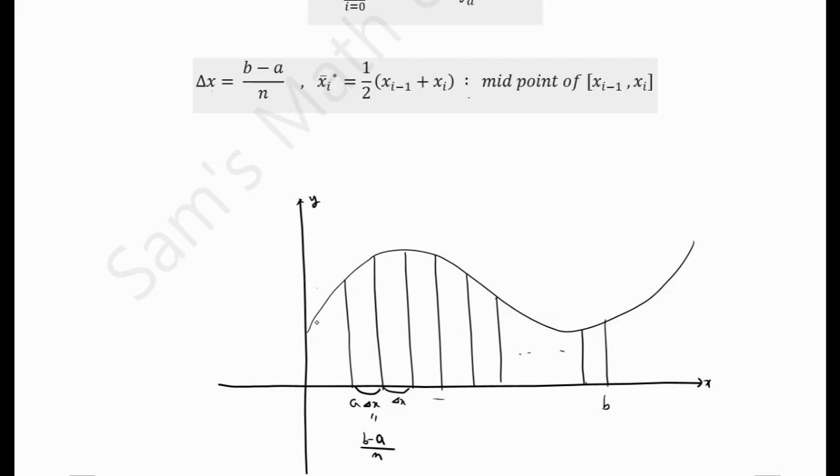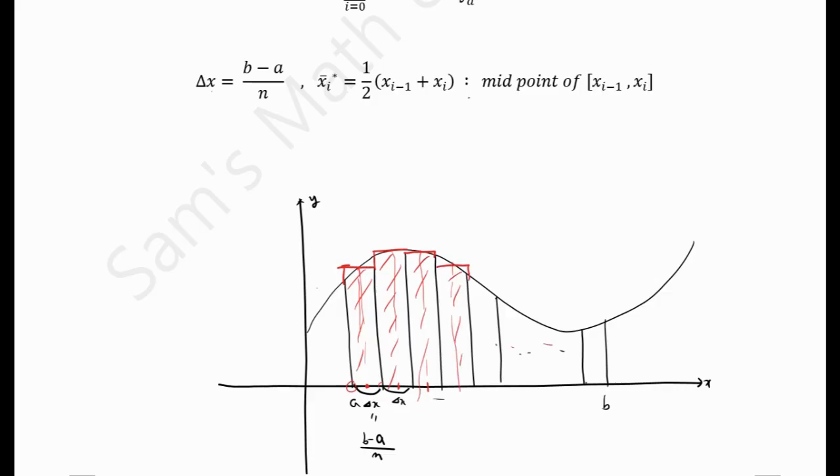For the height, we select the function value at the midpoint between xi and xi plus 1. The sub-rectangle area is this area, with the midpoint chosen like this.